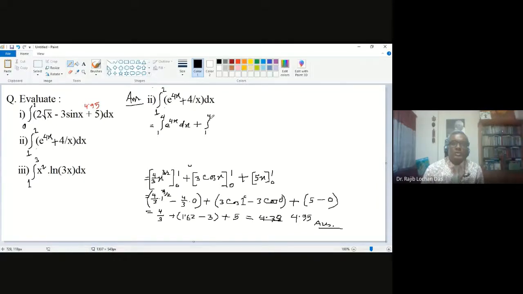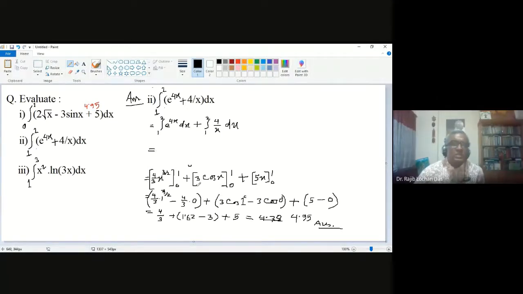So I am again separating this, the lower boundary is 1 and the upper boundary is 2. So it is the integral from 1 to 2 of e to the power 4x dx, and then from 1 to 2 of 4 by x dx. Go to the next line and write down what the first answer is.